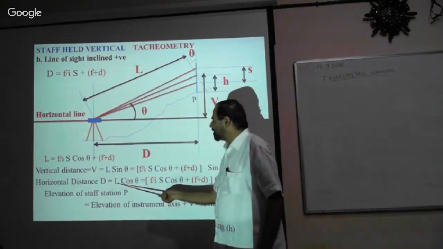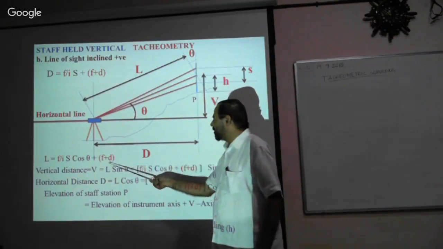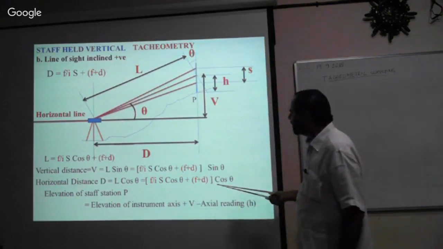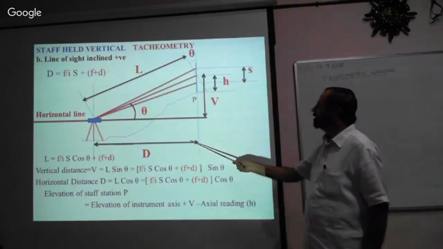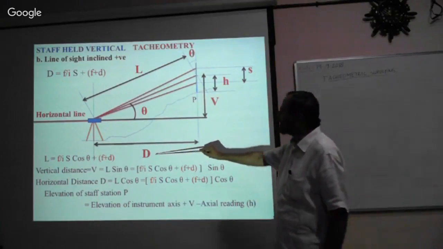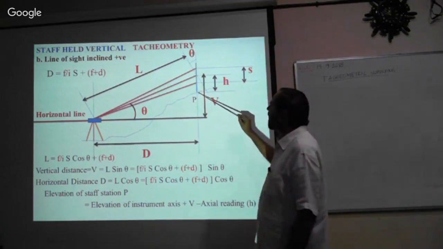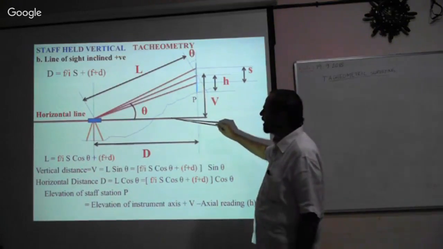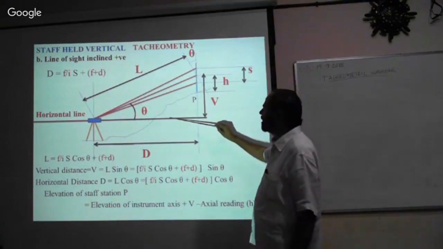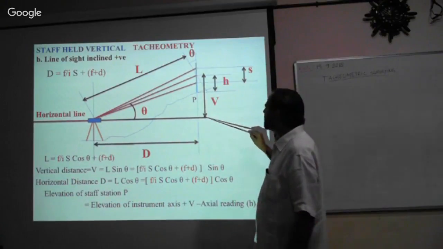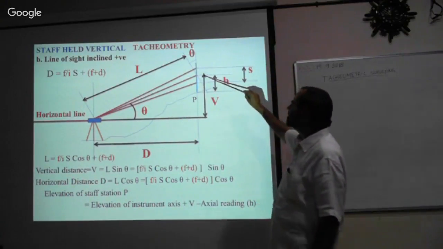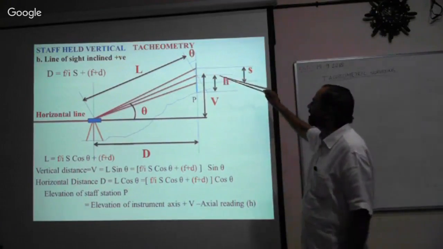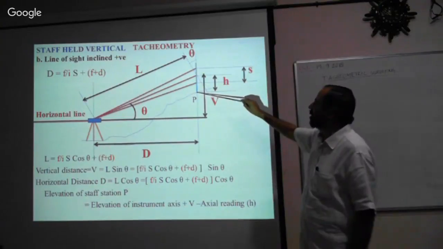Thus, substitute the value of L into the equation and we can calculate the distance D. After computing this distance, to calculate the elevation is simple: the height of instrument axis HI, plus vertical distance, minus the central hair reading, and that is the end of the problem.